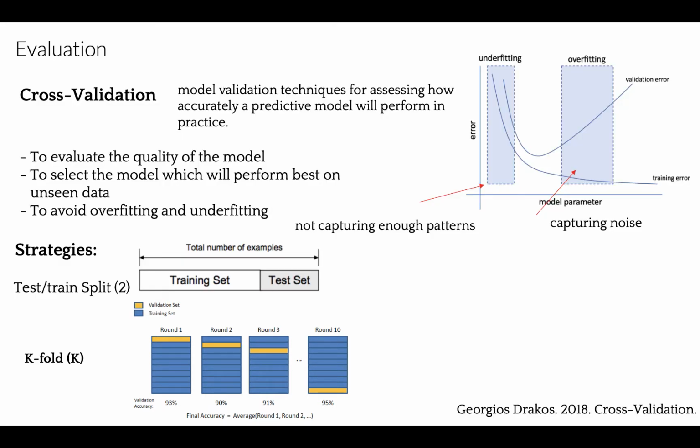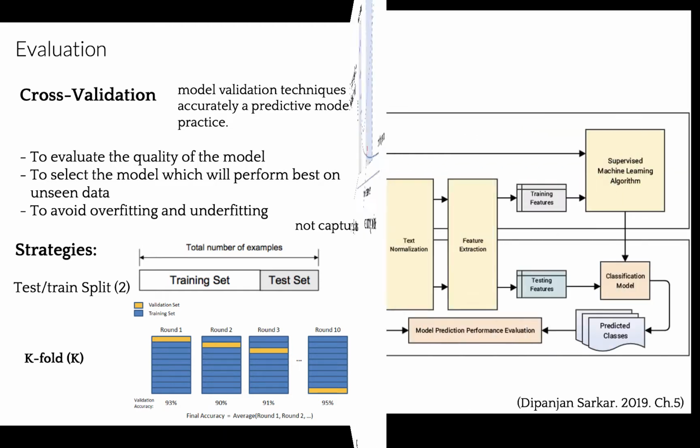So if k equals 5, every data point will be in the validation set once and in the training set 4 times. As a general rule, we choose k equal to 5 or 10, as these values have been shown empirically to yield test error estimates that suffer neither from excessively high bias nor high variance.